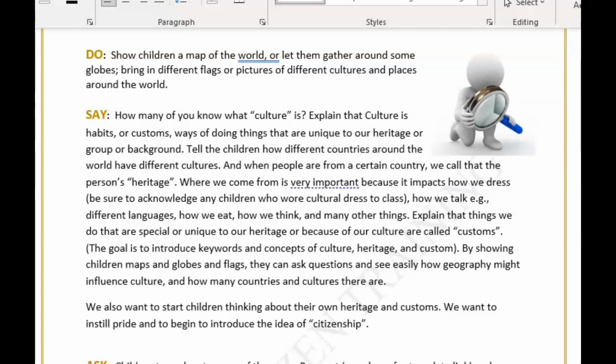Sometimes we can play a little bit like Where's Waldo? I don't know if everyone's familiar with that, but it's where there is a little character hidden in a picture of all kinds of activities and things going on, and the idea is to find the character hidden in that picture. And so sometimes you can post names of countries or cities or cultural pieces and let the children find them on a map.